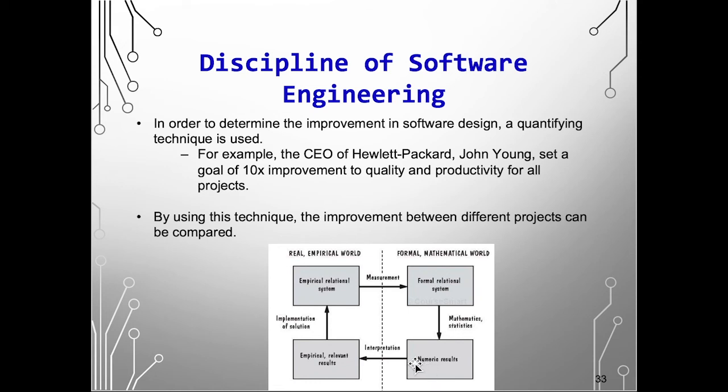And then your interpretation would be, if I put so-and-so amount of time and effort into this certain project, then I can reach this 10 times improvement. And then, based on the amount of time it takes, you can implement that into your solution. And that would be how to solve a problem using a quantifying technique.